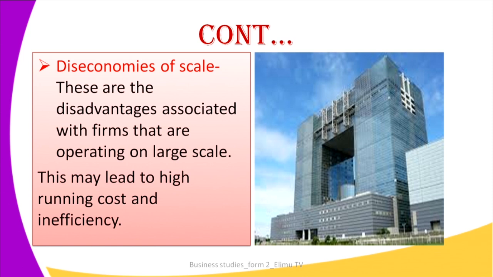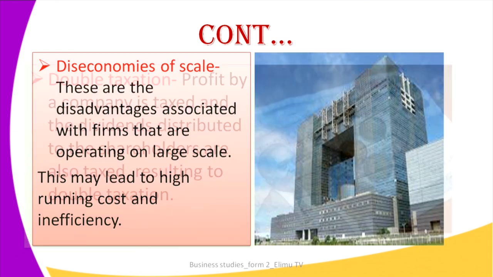The effect of this is high costs of production. So if a company has diseconomies of scale, that leads to a high cost of running the company, which also results in inefficiency. So diseconomies of scale is a disadvantage.